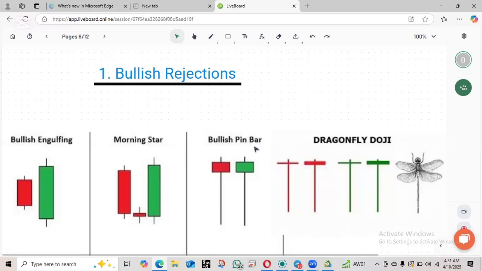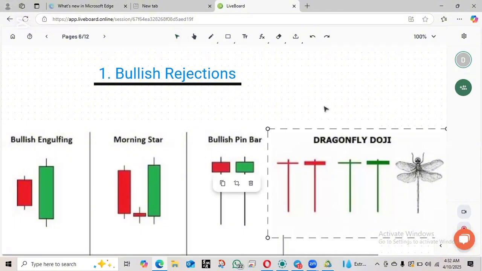So we have the pin bar. Now when we talk about the pin bar, there is a way I do it. Like I told you guys, I classify candles based on the message they pass across. See this dragonfly candle here. I'm not even supposed to talk about them.